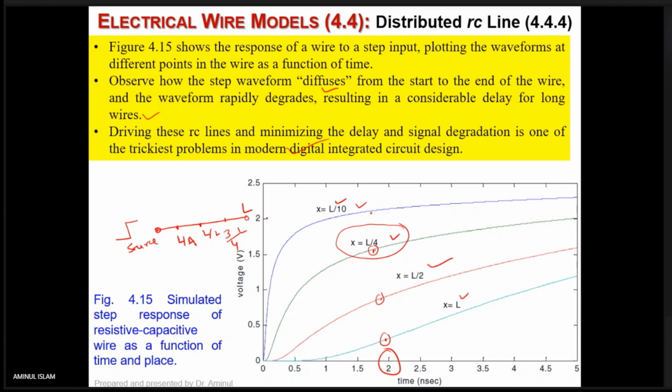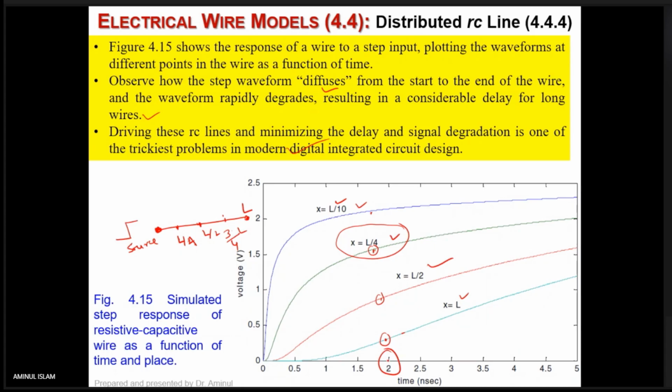Further, if you take the L/2 position here, it is further delayed. It is very difficult for the driver to raise the output of this node of the circuit, or delay line. At the end, delay is more, it is not able to rise properly.